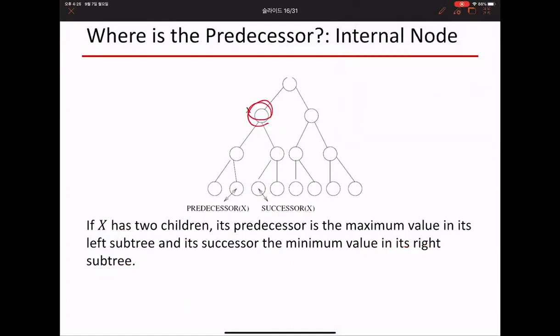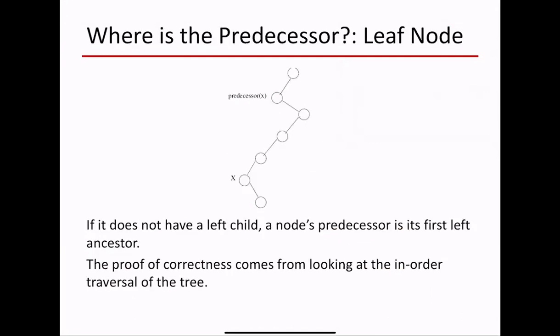So X's predecessor is the largest one among my left. Remember this. But what if I have no left child? Then who's my predecessor? If I don't have a left child, there is no predecessor in the subtree.